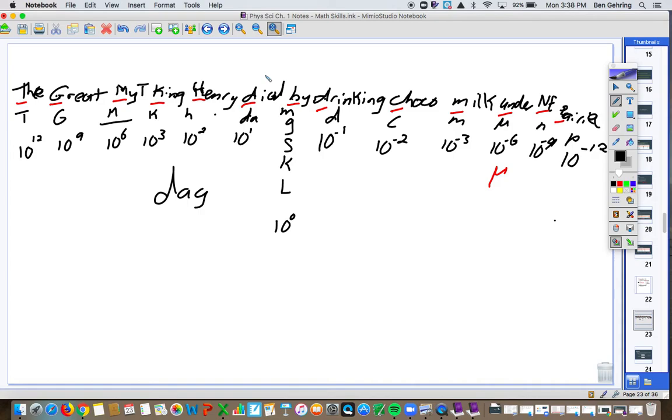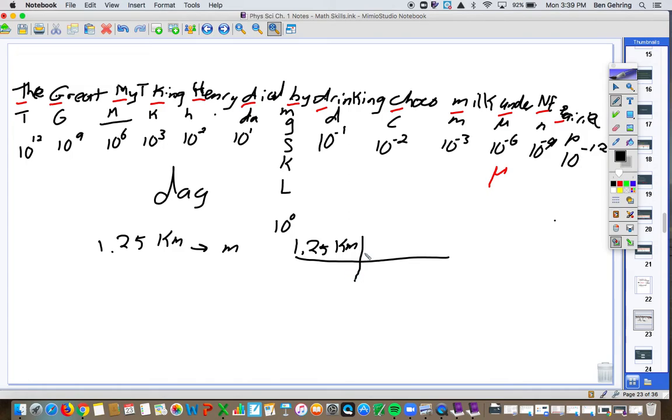We can use these to convert. So for example, if I wanted to convert 1.25 kilometers into meters, I use the factor label train track method. So I have 1.25 kilometers, and I'm going to put a big long track underneath it and separate with a vertical line.